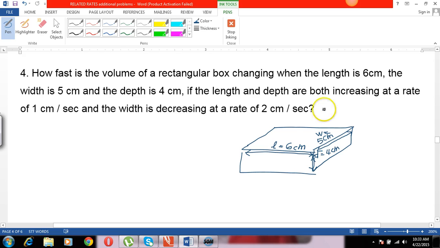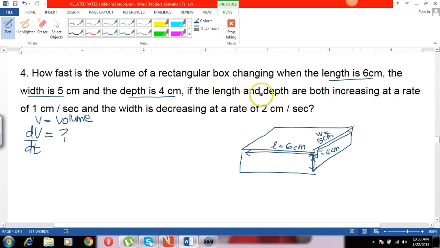Okay. So this is the given information: length, width, and depth. How fast is the volume of the rectangular box changing? So they ask you to find dV over dt, and of course V is the volume.